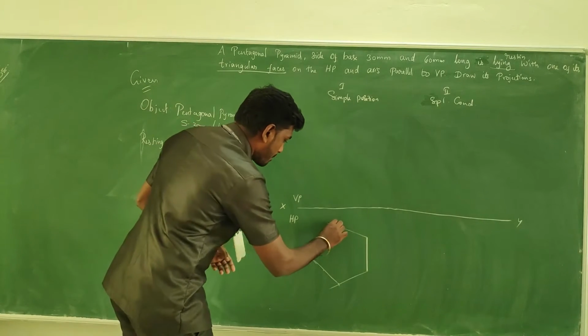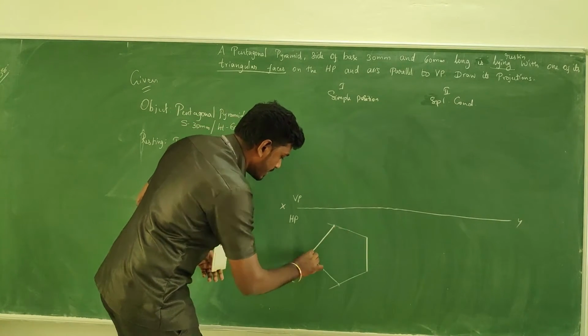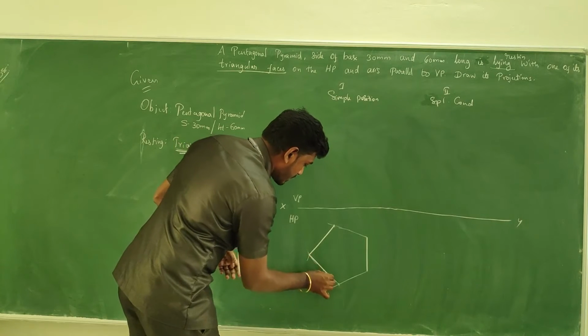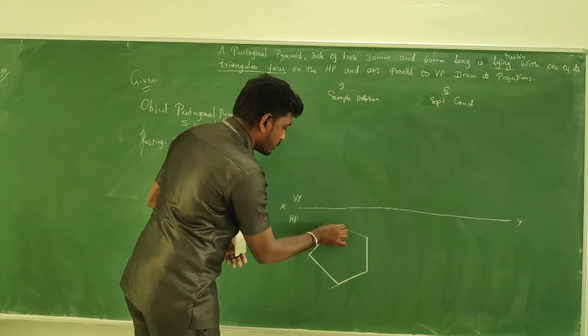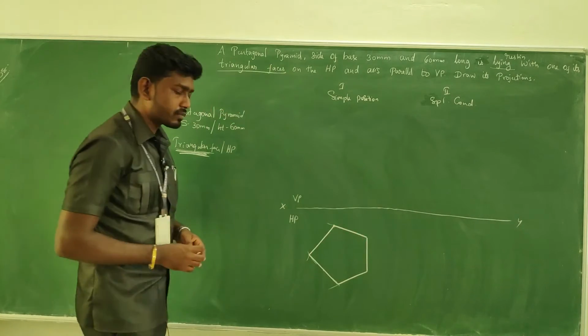So this is a pentagon. Nowadays we are familiar with constructing the pentagon, so no issues. It's a true shape, so go for a dark line.